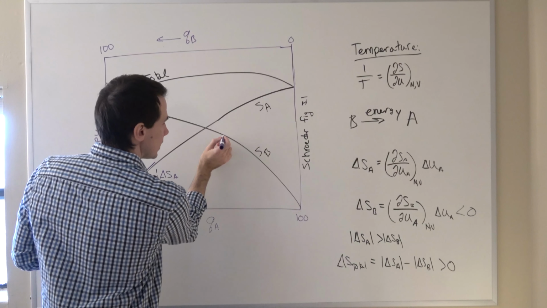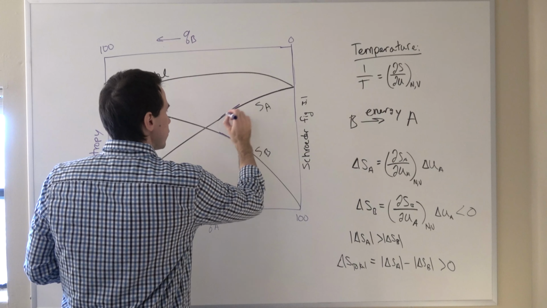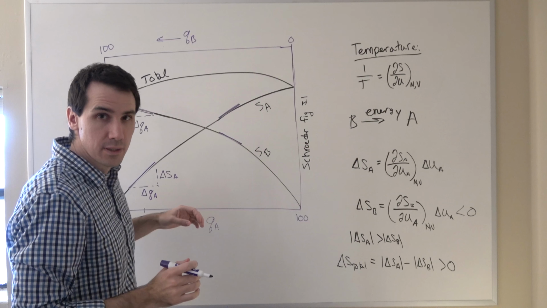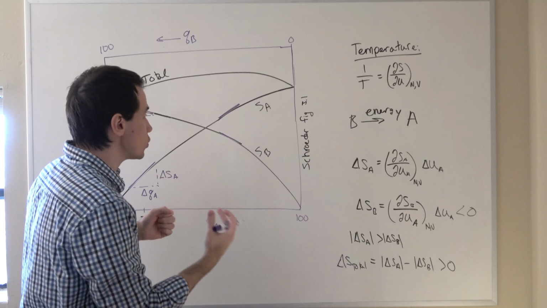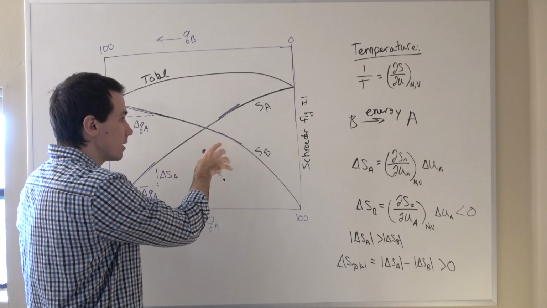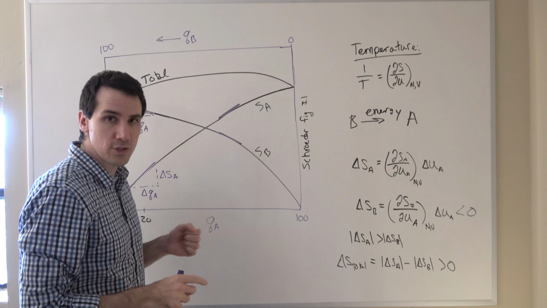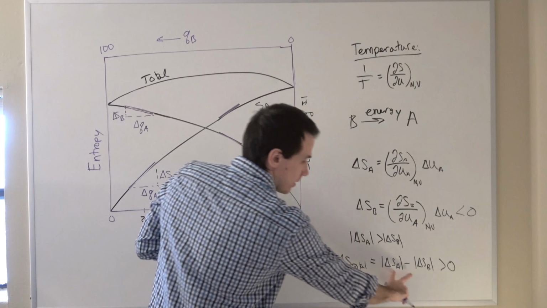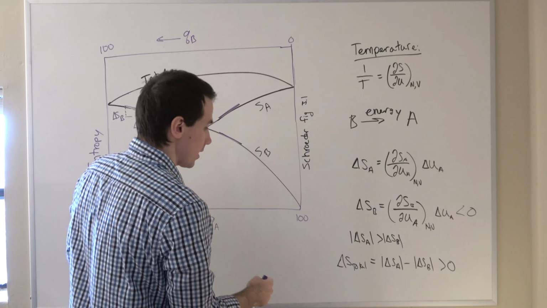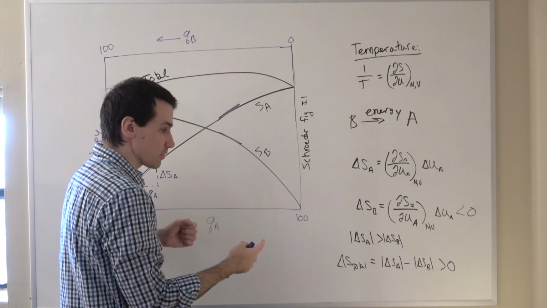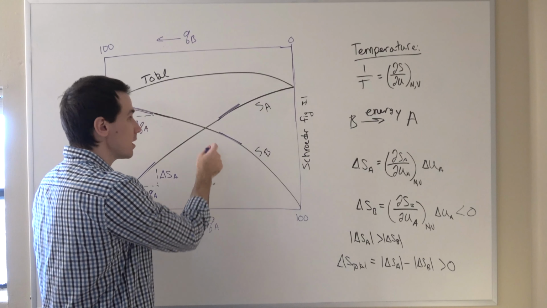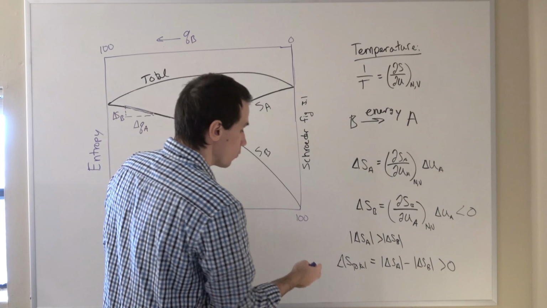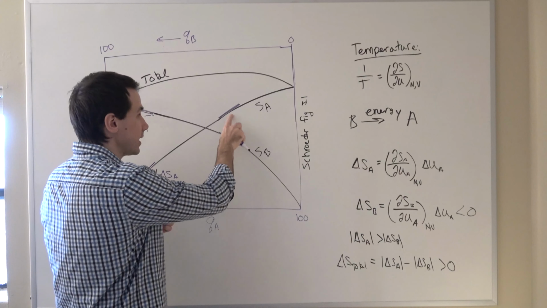If we look at the region here, where the two objects have equal and opposite slopes, then the total change in entropy, if I move energy between the two of them, will be zero, right? How much entropy A gained versus how much entropy B lost when I traded some energy from B to A will be zero here.